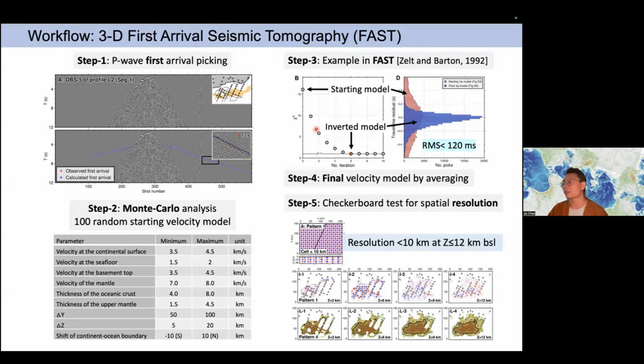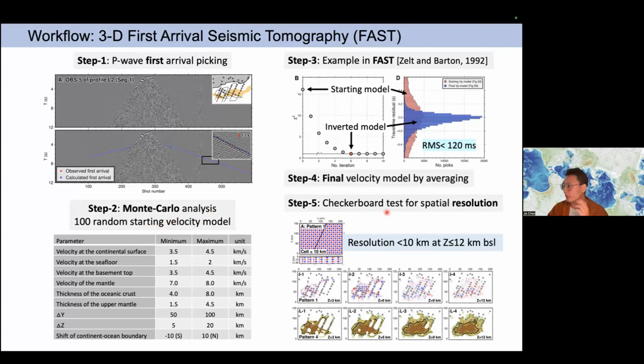After about six iterations, the chi-square reduced to almost 1 with a very small RMS of the travel time residual. The final velocity model is averaged from the 100 inverted models.